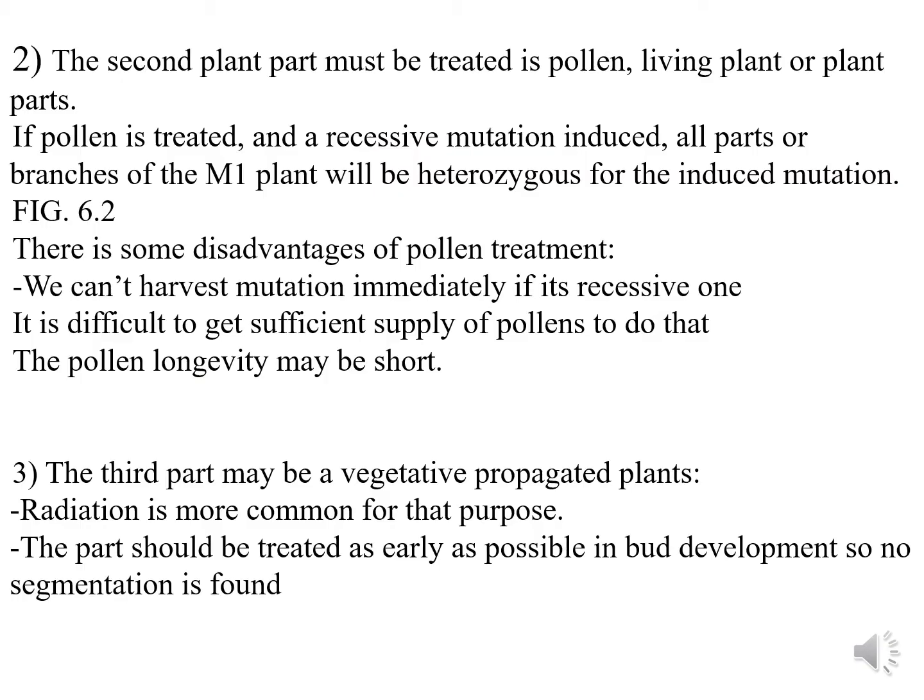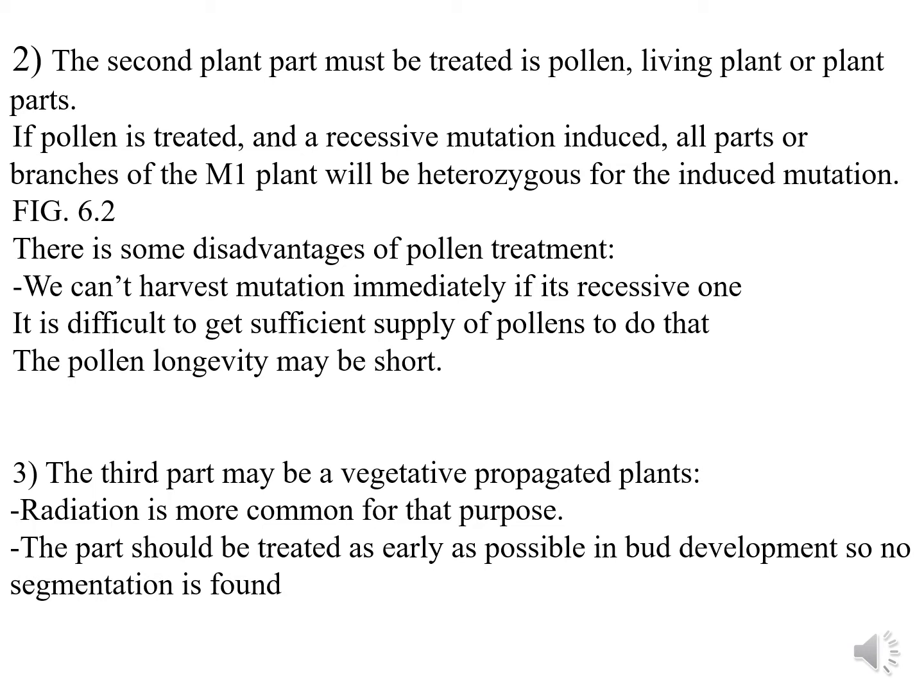The second plant part that we use for treatment is pollens, or living plants or plant parts. If pollens are treated, then there are 2 chances to produce a dominant or recessive mutation.